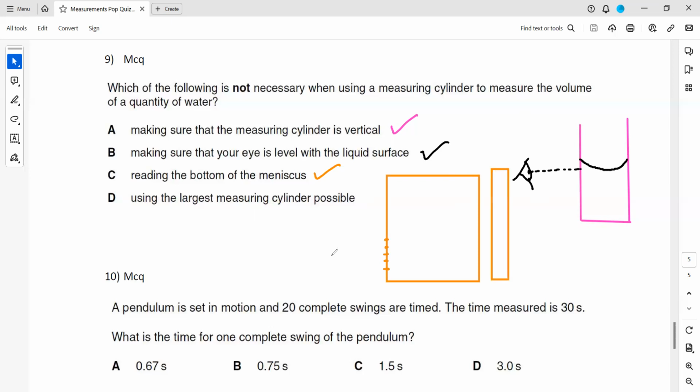In a large measuring cylinder, for example, this is 10, this will be 20, 30, 40, 50. But a small measuring cylinder has a small surface area, so the difference in height will be more. So using the largest measuring cylinder possible is not necessary. But looking perpendicular, reading the bottom of the meniscus, and making sure that the measuring cylinder is exactly vertical, these are the things we should take care of.